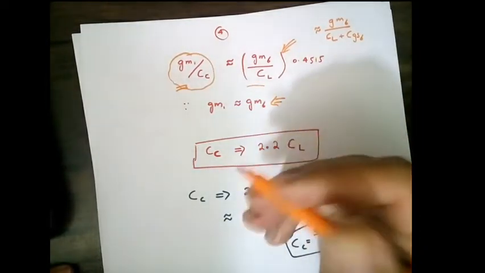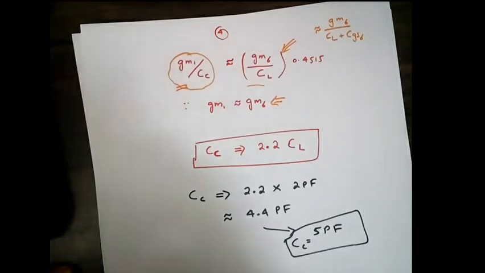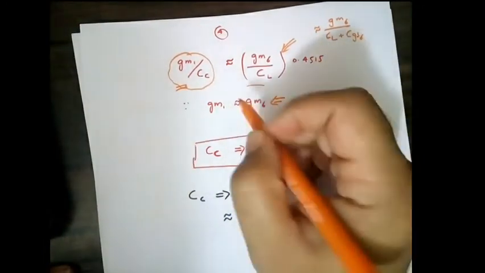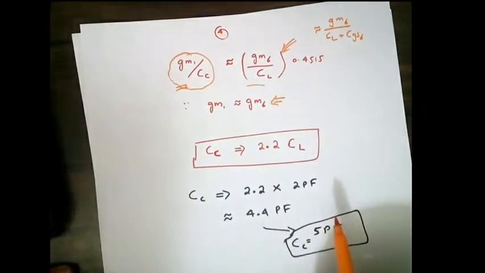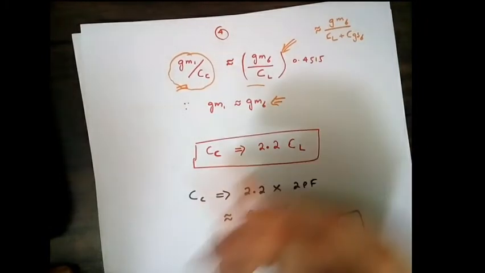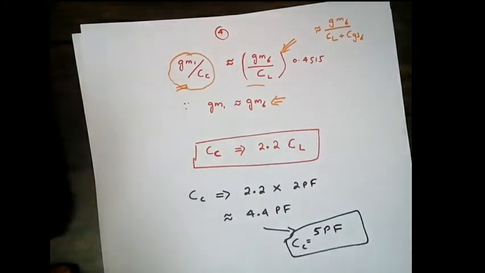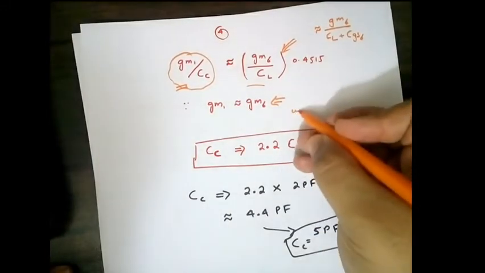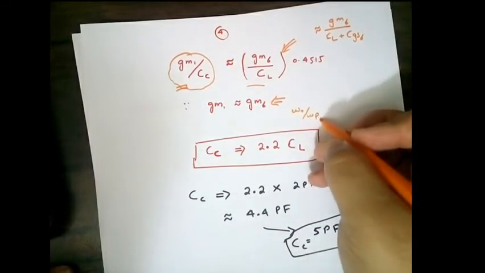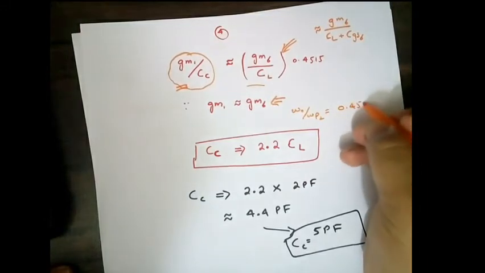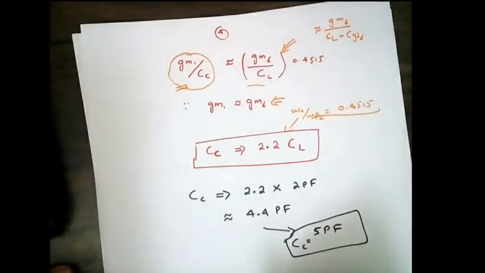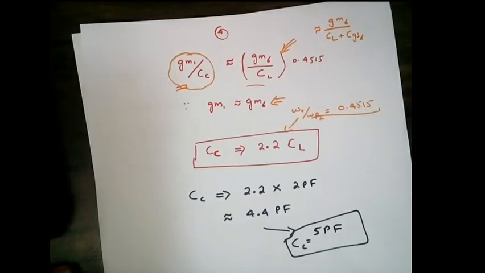If you want any other assumption, then later on your values are going to change accordingly, but at this moment we are considering gm1 is equal to gm6. When gm1 is equal to gm6, we can place in the previous design equation of omega naught by omega p2 of 0.4515. This will conclude that Cc will be equal to 2.2 times CL.